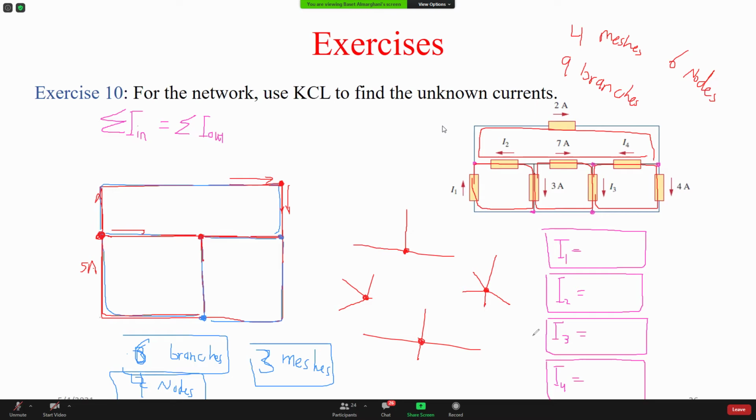Is that okay? This is not a node. This is not a node. Those are the ones: 3 branches, 4 branches, 5 branches. With 2, you're just basically putting a node in one branch.